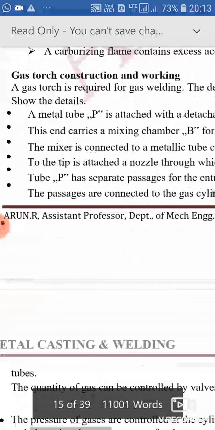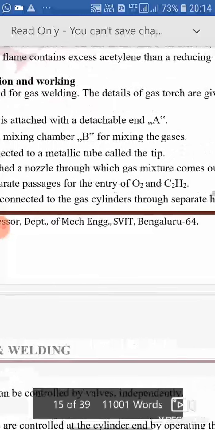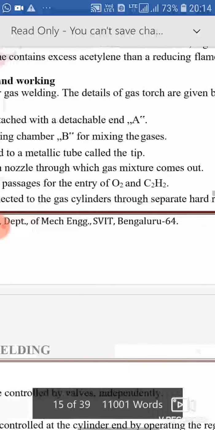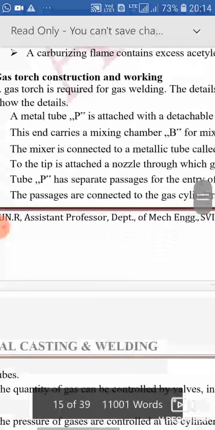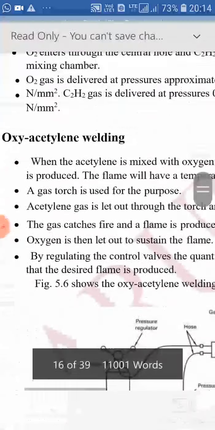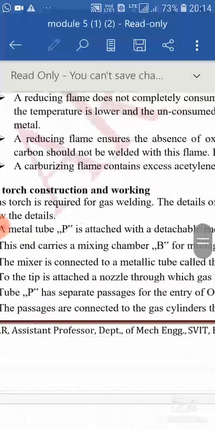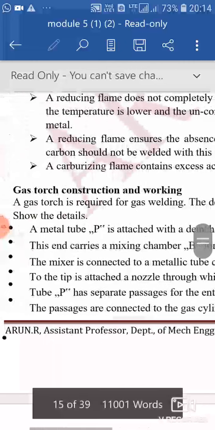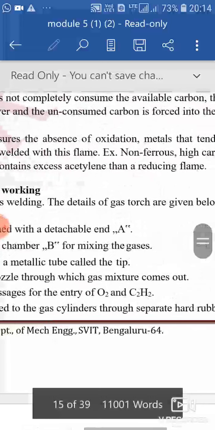Gas torch construction and working. A gas torch is required for the gas welding process. The details of the gas torch are given below in the figure. Metal tube P is attached to the detachable end A. This end carries mixing chamber B for mixing of gases.